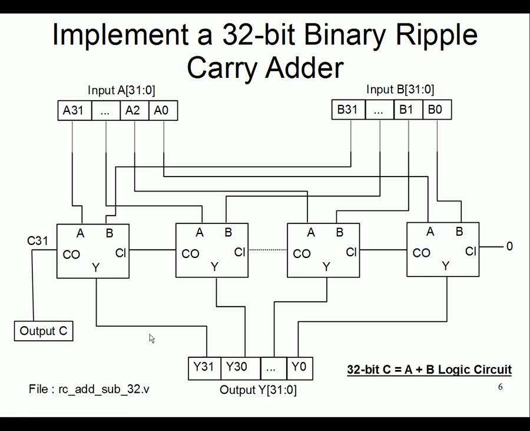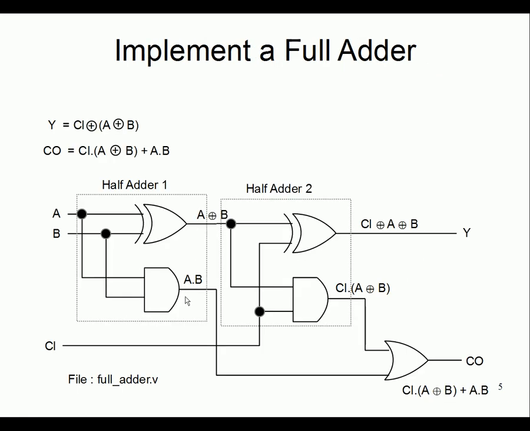Your input will be a 32-bit input port A, and another input B is also a 32-bit port. Then we instantiate 32 of these full adders which we just implemented previously in full adder.v.